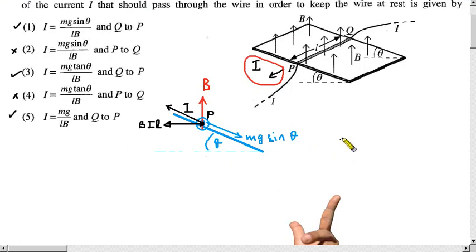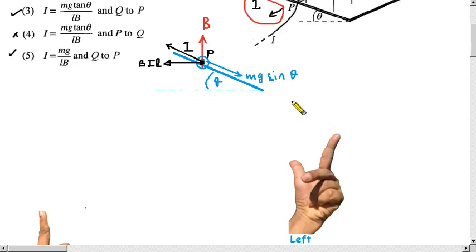From those answers we have to now check the magnitude. So let us now take the component of this BIL. Since this angle is theta, this angle also is theta, what is the component along the surface upwards?